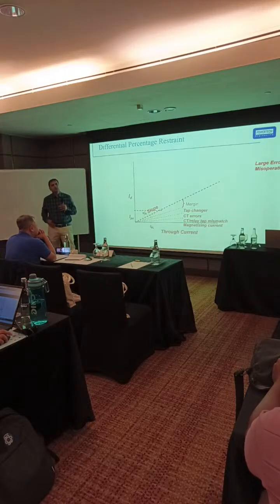If there is no tap changer, or we have no requirement of tap change, the error may reduce more. In that case 0.2 will be perfectly okay, and the slope can also be 20% instead of 30%.